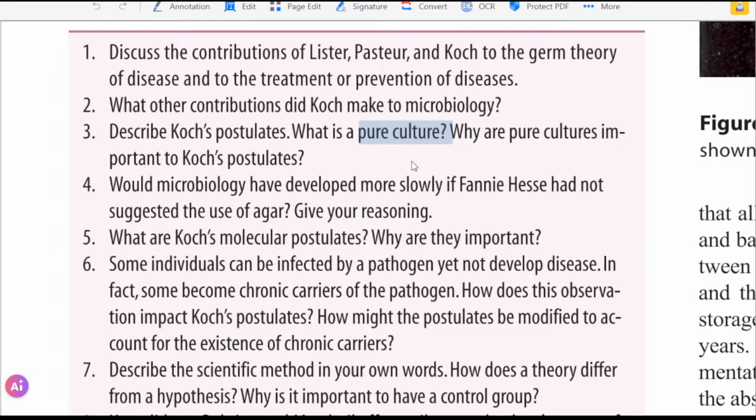Would microbiology have developed more slowly if Hesse had not suggested the use of agar? Give your reasoning. I think yes. They are asking for my opinion. Fanny is the wife of that assistant, right? If you look into our laboratories these days, agar is the common type of media that we use for growth.